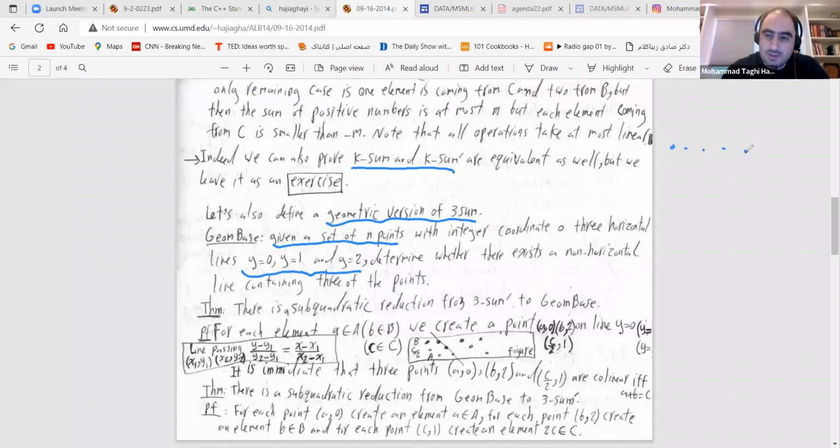So you have these three sets on different lines: y equal to 2, y equal to 1, and y equal to 0.